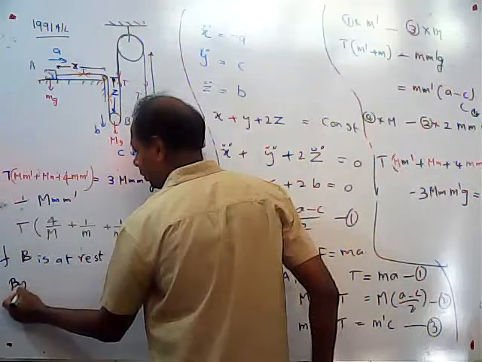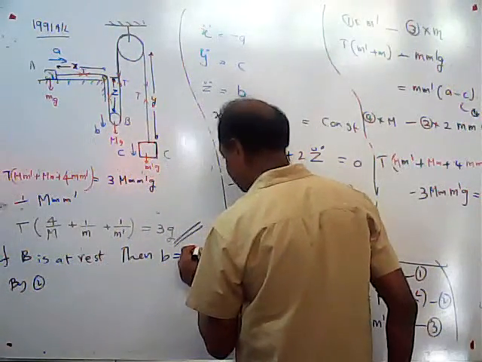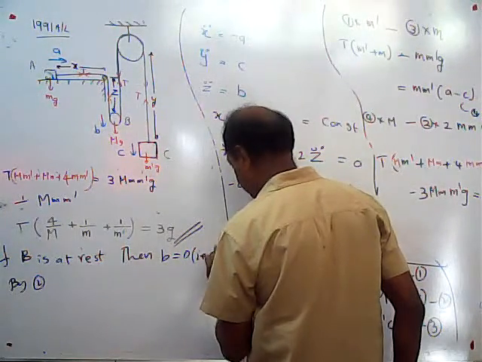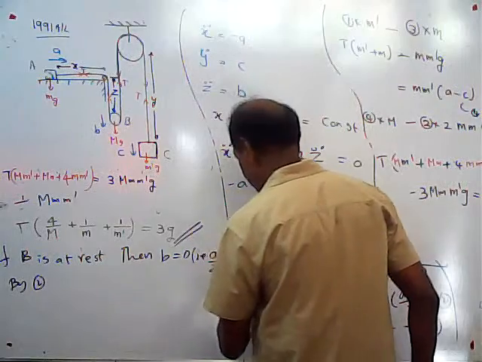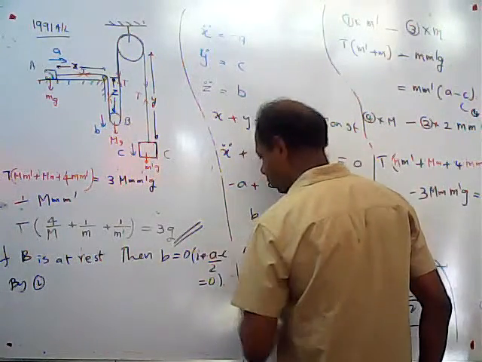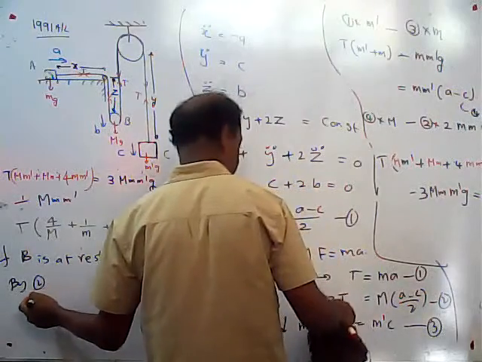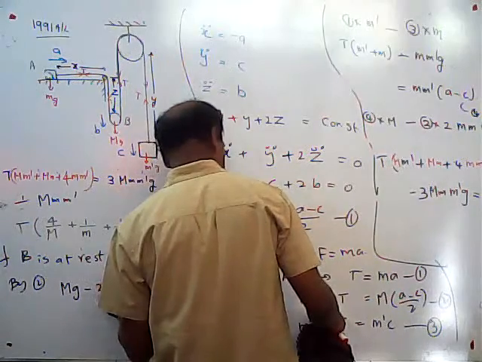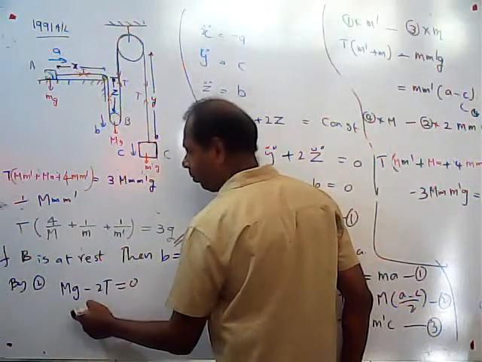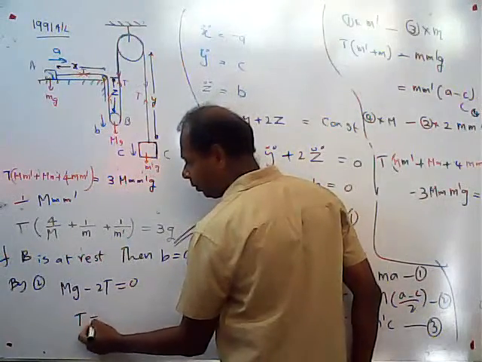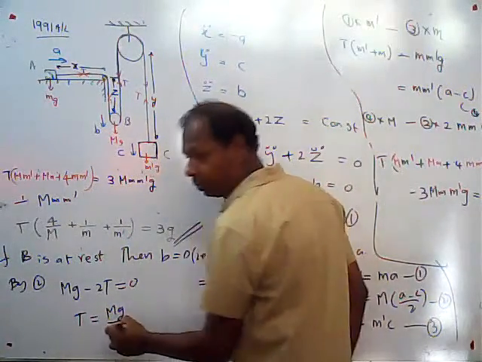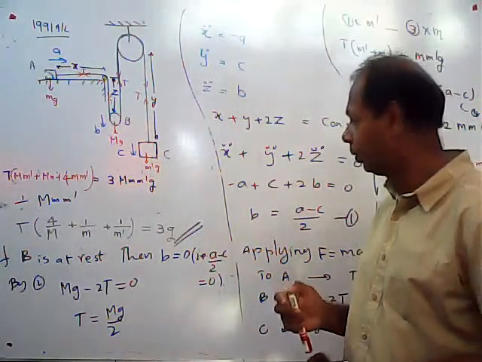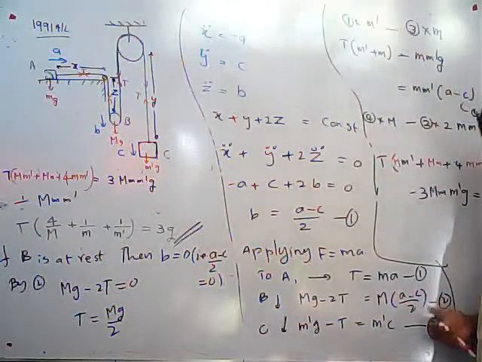So t equals mg over 2, because this side is equal to 0, right?